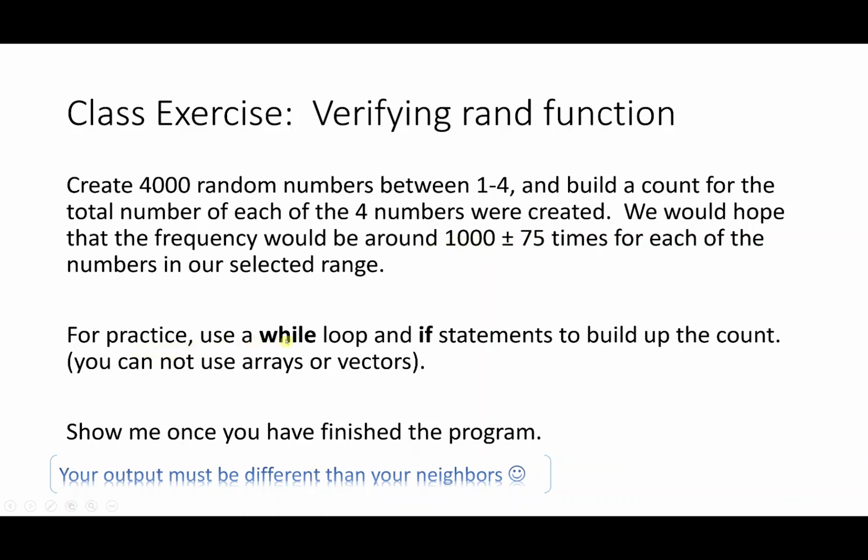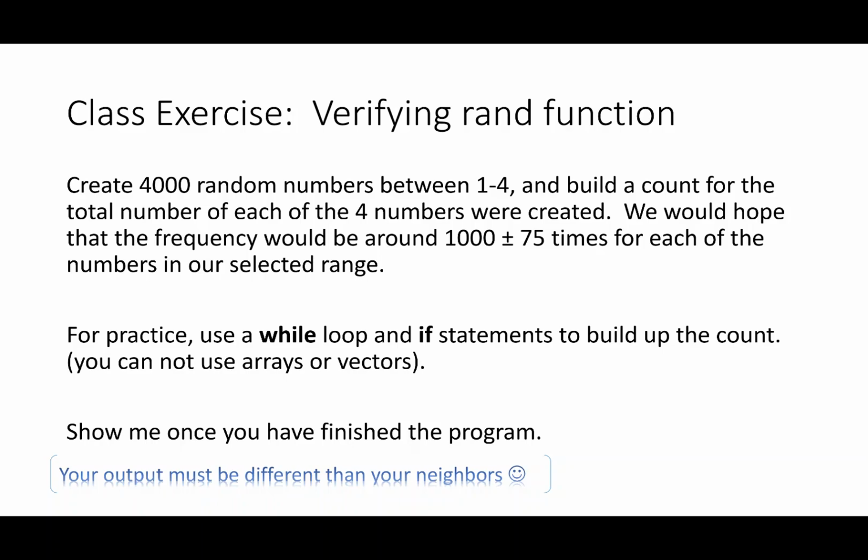So for practice, use a while loop and if statement, and it should be different each time you run it, right? It could happen that two runs give the same result, but it's going to be very, very, very rare.